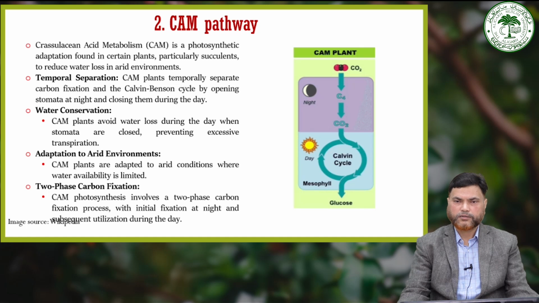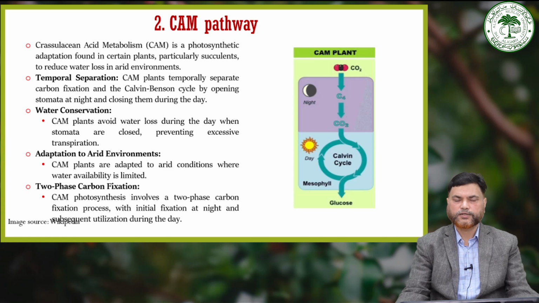and during the day CAM plants keep their stomata closed but are still capable of photosynthesis. So basically this is facilitated by transport of organic acids out of the vacuole, where they are broken down to release carbon dioxide. So this released carbon dioxide then enters the Calvin cycle for further utilization.